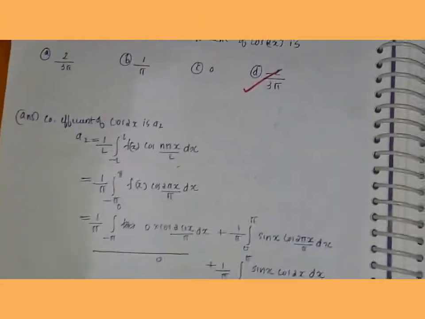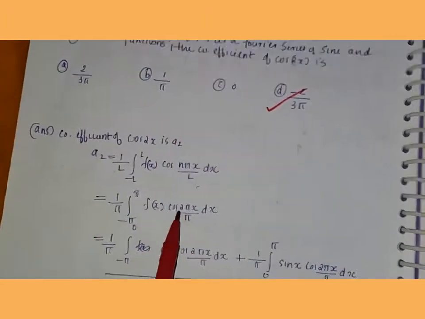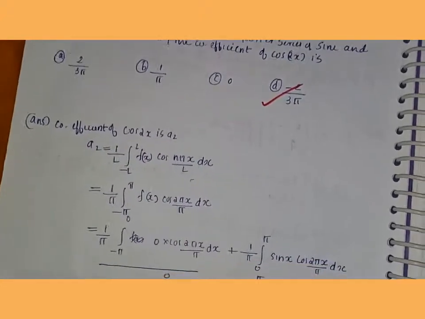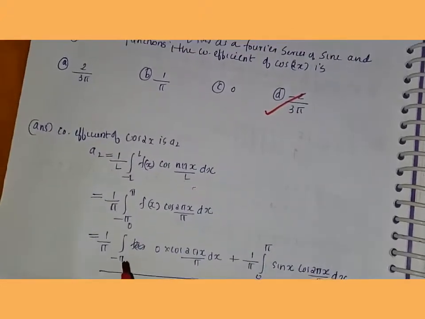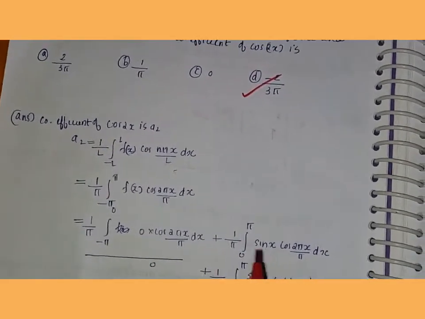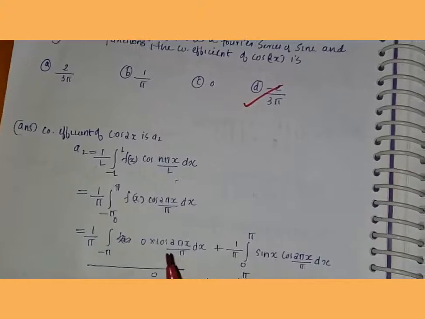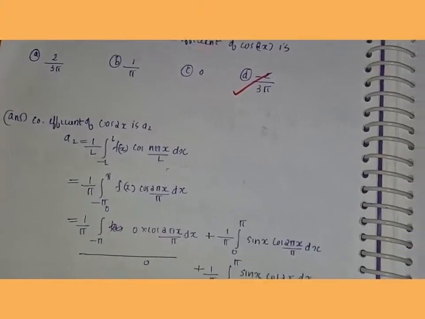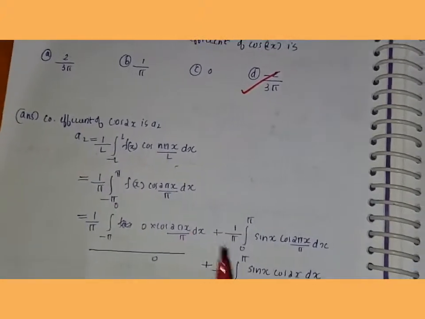Here a2 means n is 2, that is cos 2x dx divided by pi. Here f of x from minus pi to 0 is 0 and from 0 to pi is sin x. We just split the integral, and the part from minus pi to 0 is 0, as given in the question.